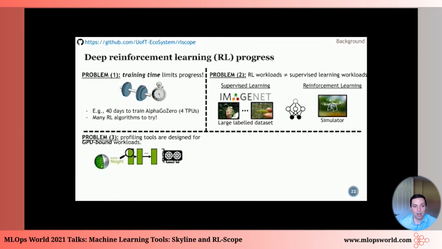Another problem is that the profiling tools designed for supervised learning always assume that you're going to be accelerator bound or GPU bound. And that makes those tools, like NVIDIA Insight tool, for example, or NVProf, the old name for that tool, not extremely efficient or even misleading when working with reinforcement learning.